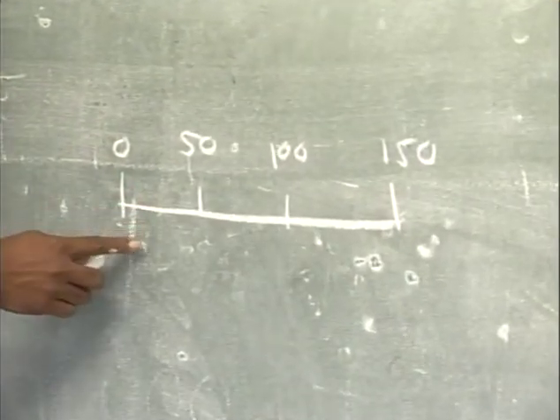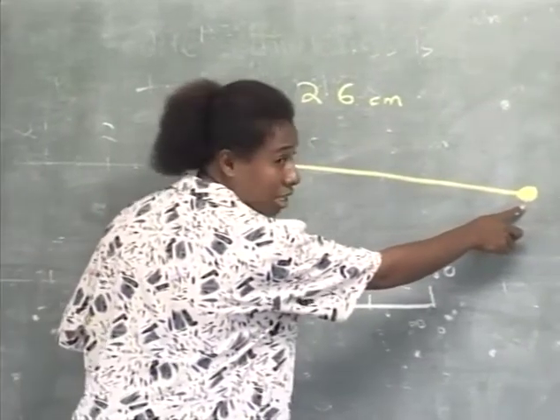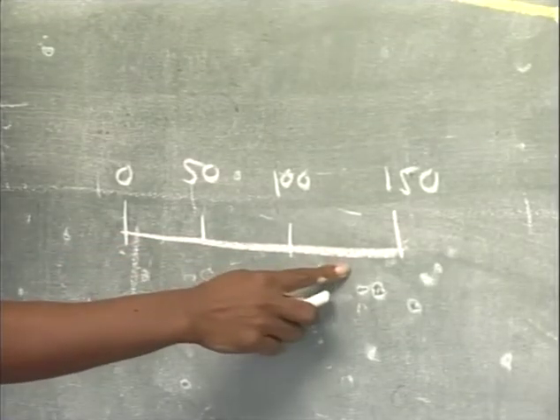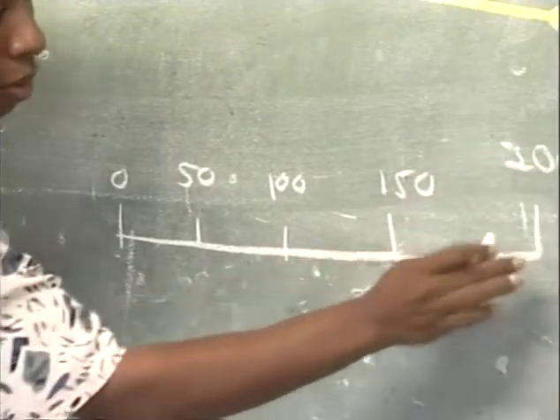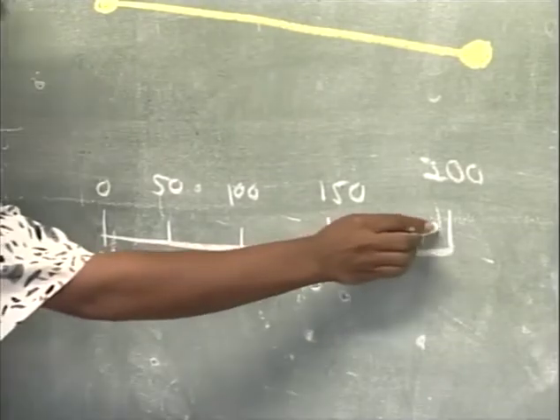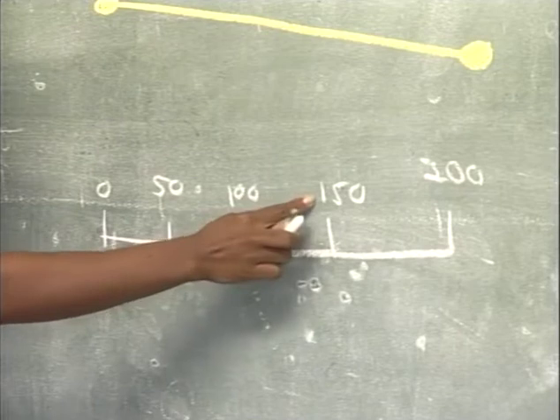That is shown on the linear scale. So what he did there was he measured the distance. It was 2.6, and then he put the 2.6 against the linear scale, only to find that the answer was not sitting exactly along where the divisions were. Rather, it was in the middle. And he said it was between 100 and 150.